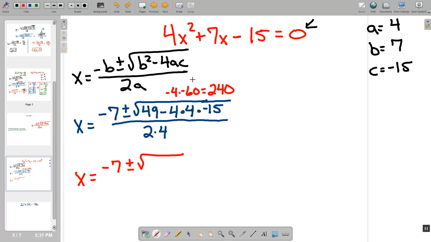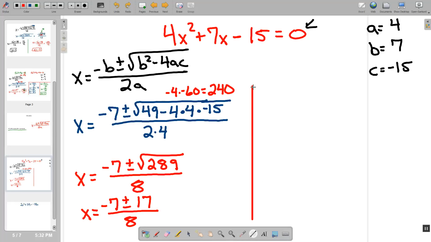Positive 240 plus 49 is equal to 289, all positive. And then 2 times 4 on the bottom is equal to just 8. So we get x is equal to negative 7 plus or minus the square root of 289, which is just 17, all over 8.